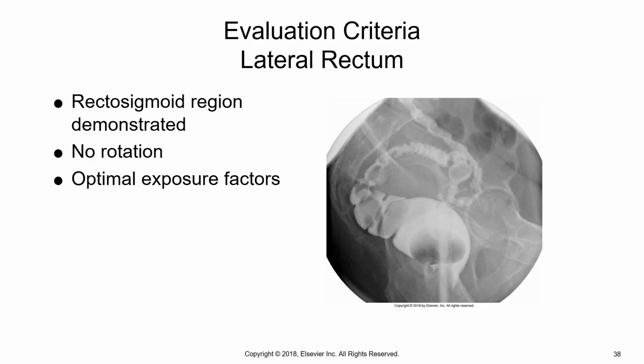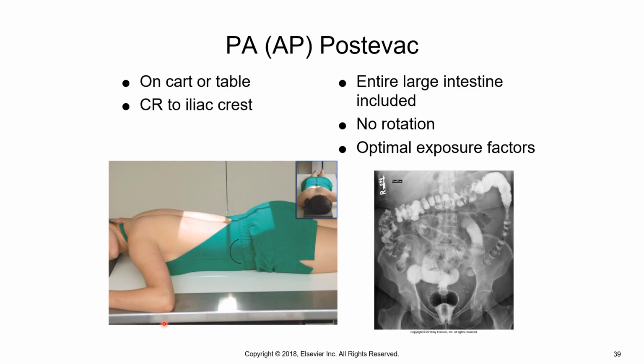So your AP axial, your AP, your RPO, your LPO, and your left lateral rectum. If all of those images are good, then what you're going to do is come back in the room. You're going to put the patient on their left side.